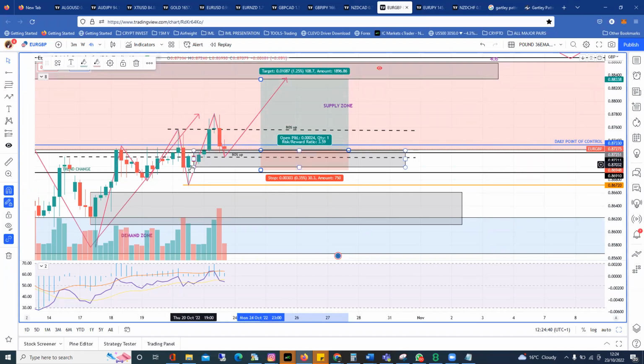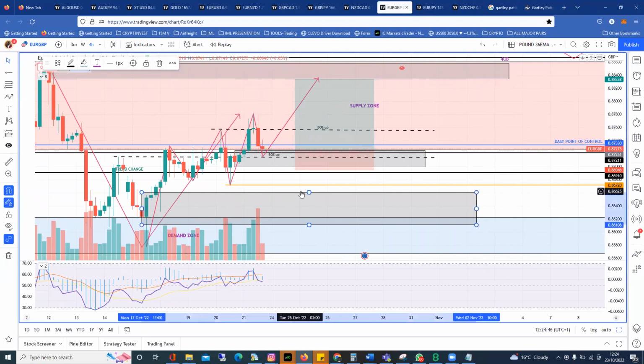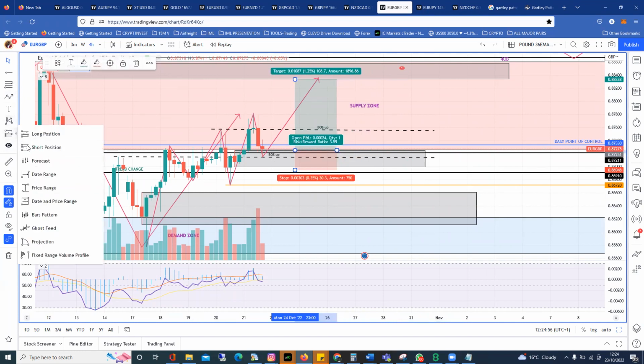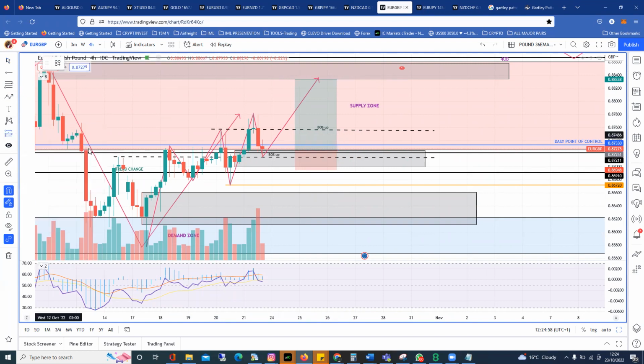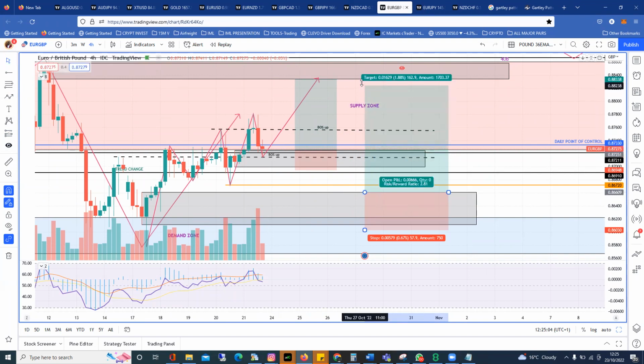If price then breaks below this other block, then we will be considering another buy opportunity in this area, right? And then probably that buy opportunity we're still going to be targeting here. So these are the two trade scenarios that I can picture for now before the market opens, right?